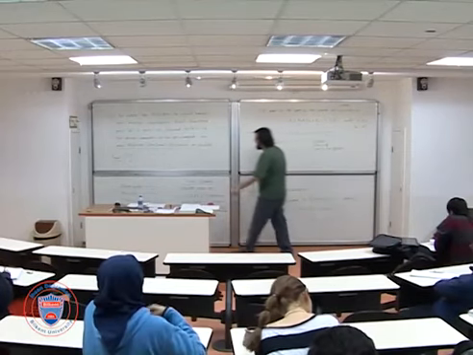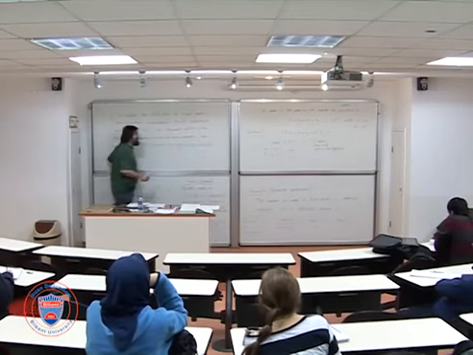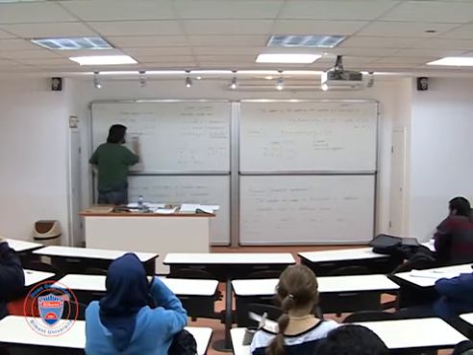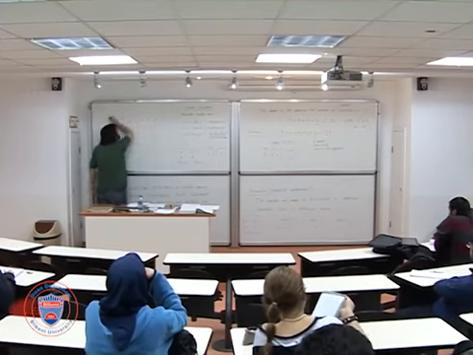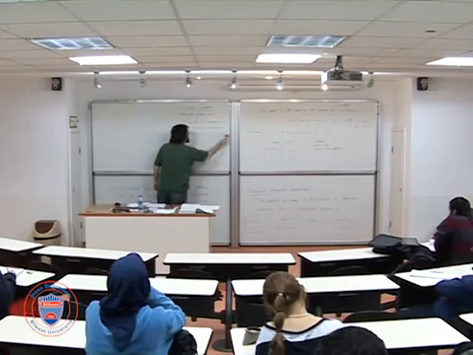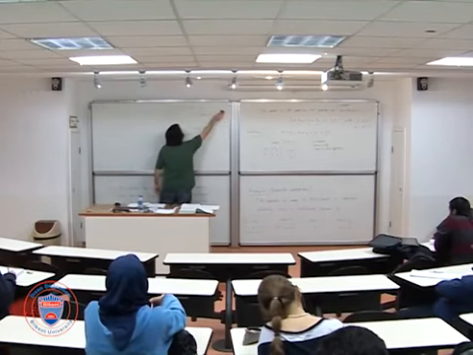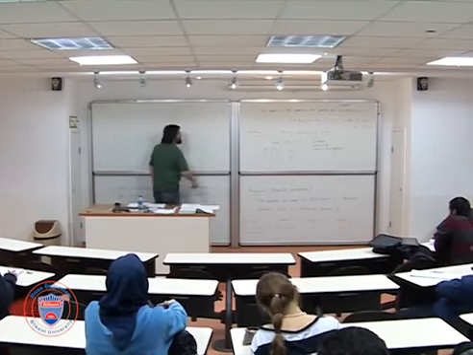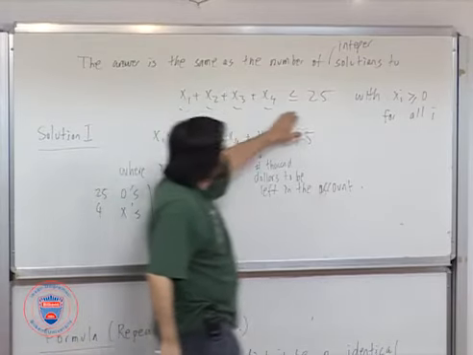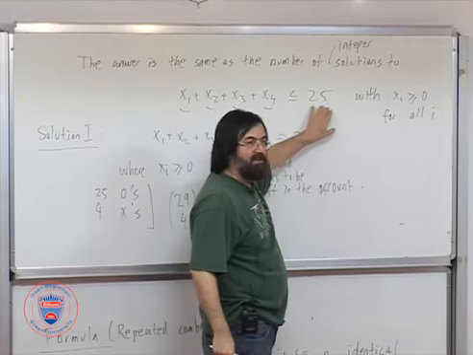But this is not how a normal person will approach this question, right? How will a normal person approach this problem? Like a normal day, you say, okay, I want to know this is less than 25.